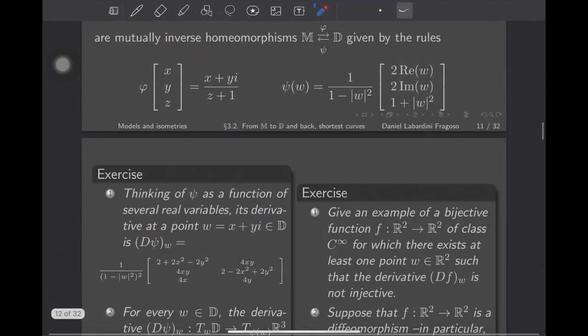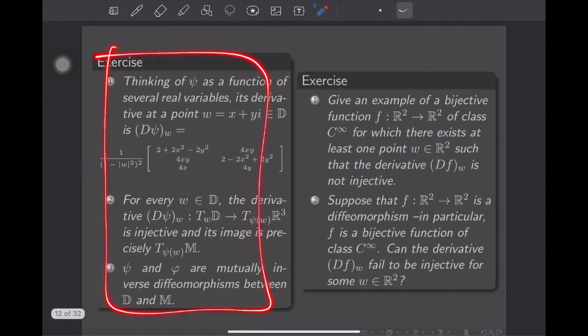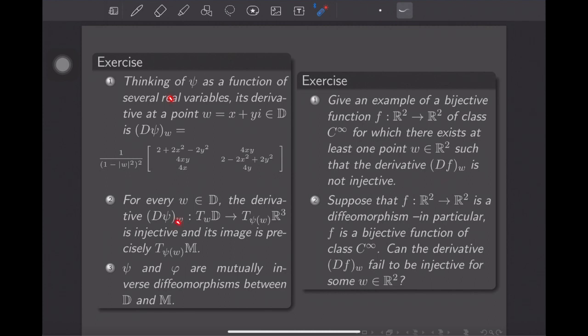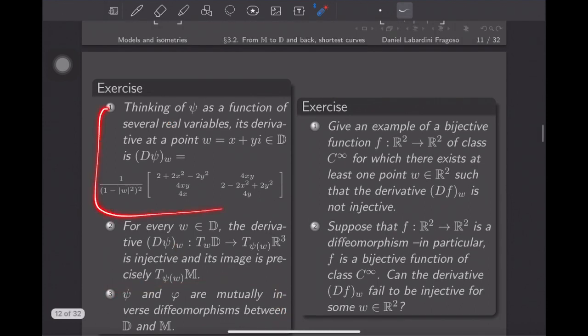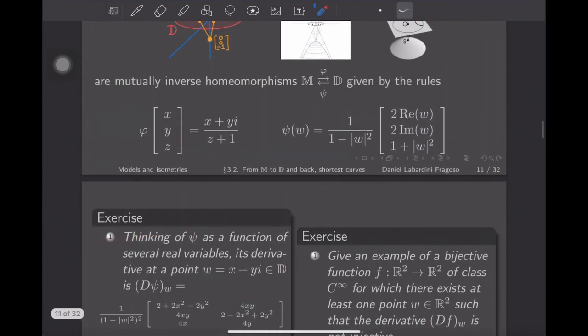Okay, now exercises. The first exercise is pretty much some steps to actually show that they are diffeomorphisms. So here you have to take the derivative of this.